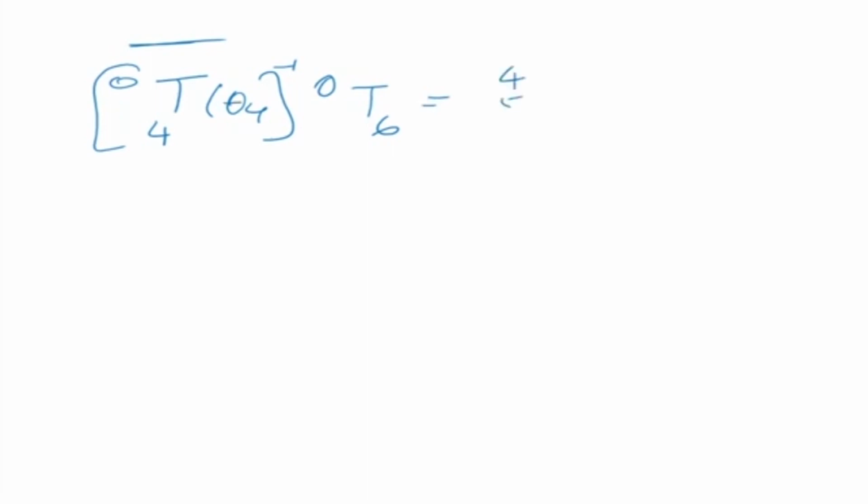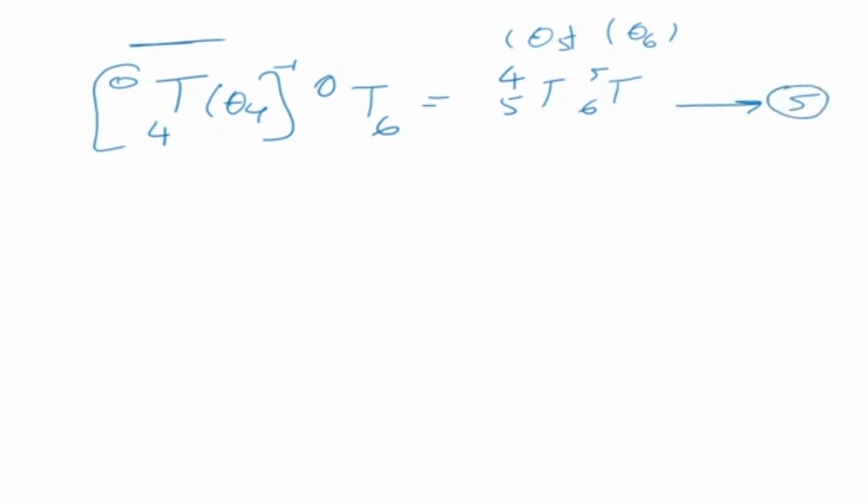So what we are doing basically is bringing the inverse of this matrix onto the left hand side, because all the variables here are known. And on the right side we are left with theta 5 and theta 6. Okay, so this is a variable of theta 5 and this is a variable of theta 6. This I can call my equation number 5.